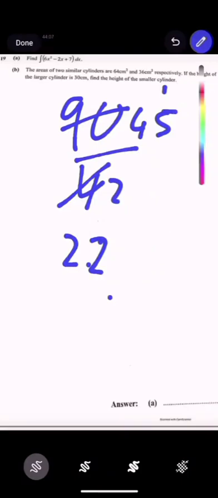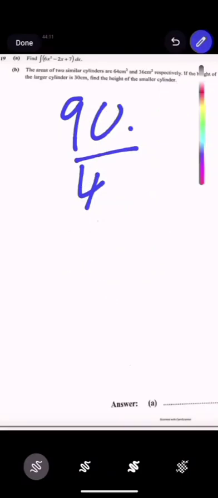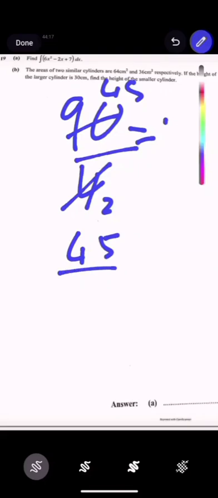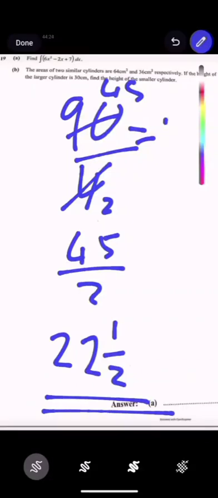But the faster method is, you can reduce, yes. 2 here, 2. 2 here, 45. So you have 45 over 2, right? 2 into 4, 2. 2 into 5, 2. Remainder 1 over 2. We are done. Centimeters. Don't forget the golden rules.